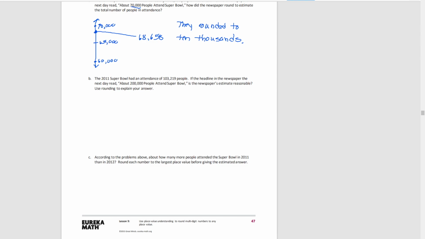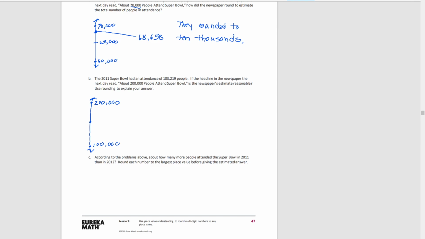So again, I think the easiest way to show this is with a number line. So looking at the original number and the number they rounded to, looks to me like they rounded to the 100,000s place, since they rounded to 200,000. So the other possibility would be 100,000.